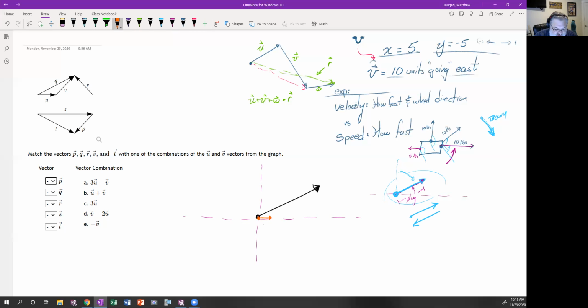We defined two special vectors. The first one is a vector i. You'll notice that i has, instead of an arrow on top, a little hat on top. That hat is a technical term. It is i hat. I hat is defined as the vector of magnitude 1 in the positive x direction.